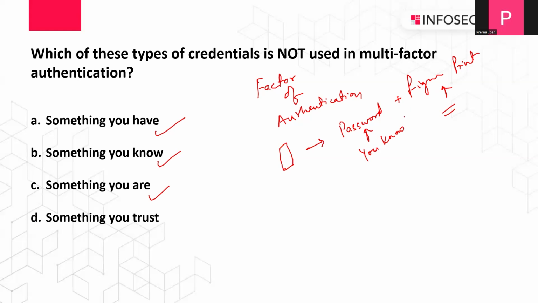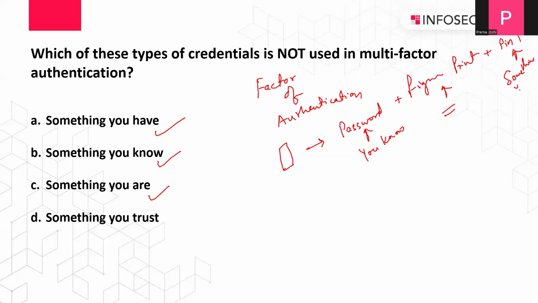So you are combining this password, this fingerprint, and then you are getting, let's say, a passcode or pin on your phone. When you get that passcode on your phone, that is something you have. You have your phone, and on it you are getting this password.